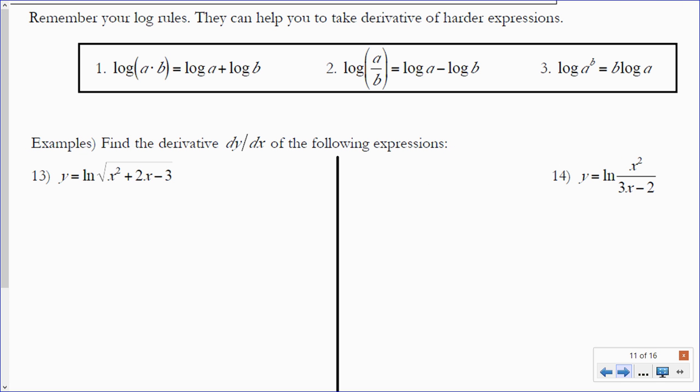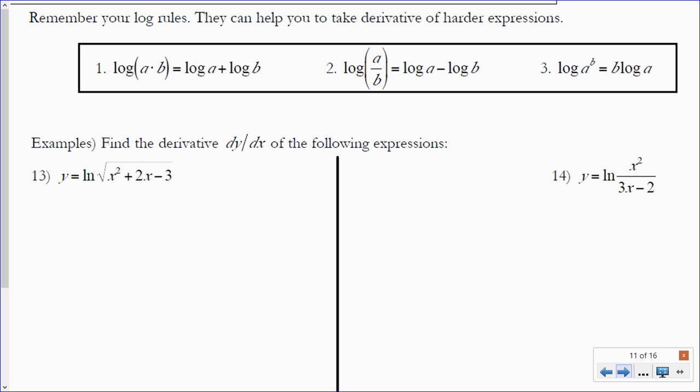All right, you guys, here I wanted to show you that you can use the properties of logarithms to help you take the derivative of some more difficult expressions. And by the properties of logarithms, I'm talking about how we can expand and condense logarithms. So hopefully these look familiar.